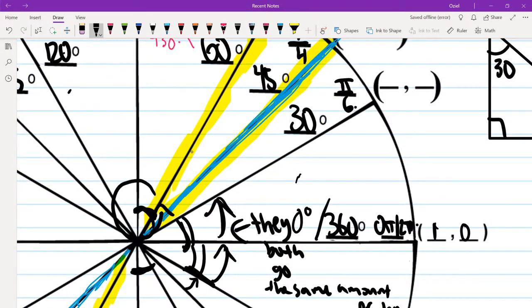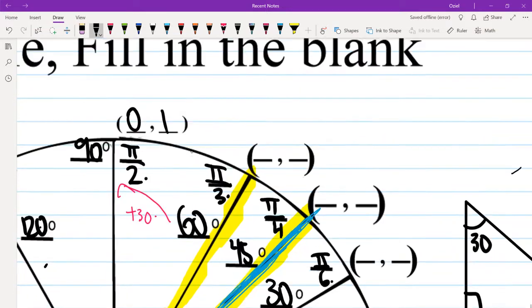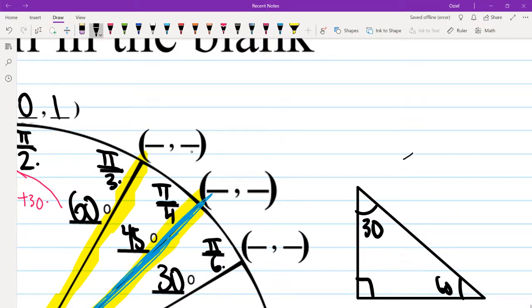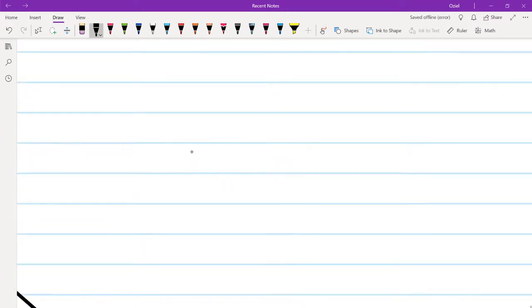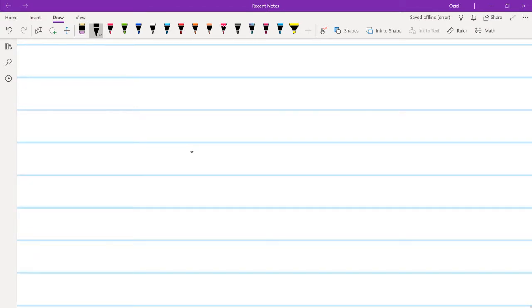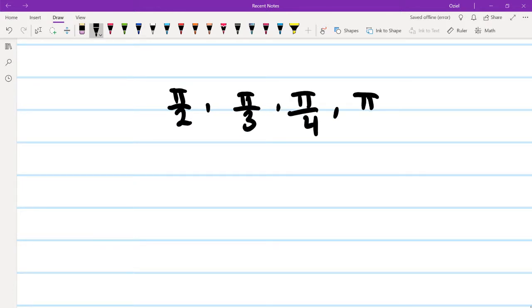And then one of the things that I did to memorize my coordinates for the unit circle was I did this kind of mnemonic device, or it's not really a mnemonic device, but it's a way to memorize it.